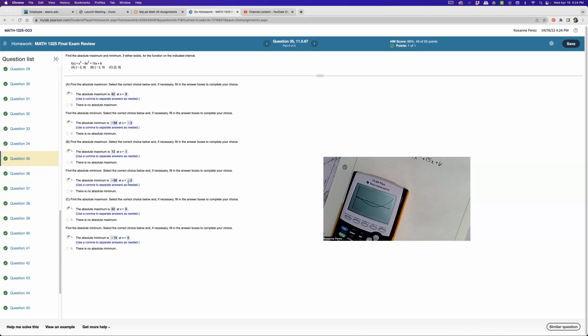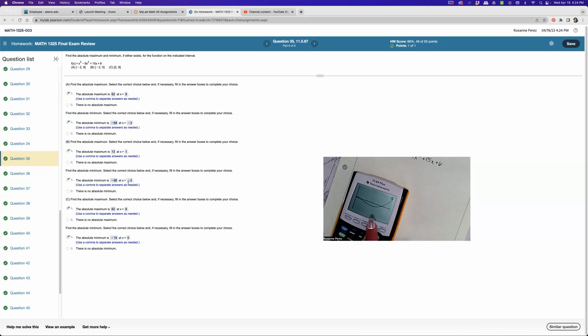Okay, and so now we see our absolute maximum is over here at x equals 8, and we know that value already. So the absolute maximum is 62 at x equals 8. Now we can see here that we have a new absolute minimum within this interval.